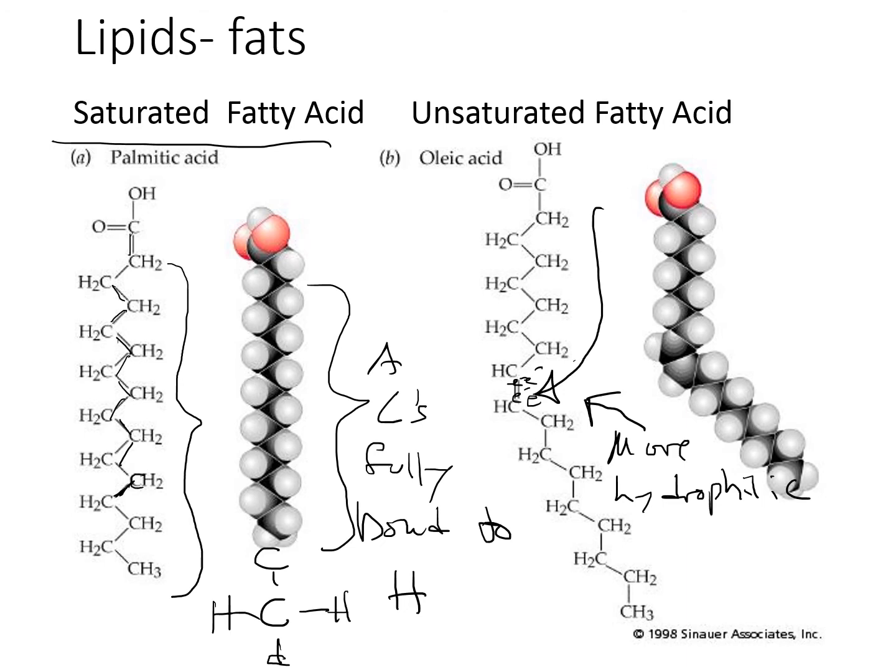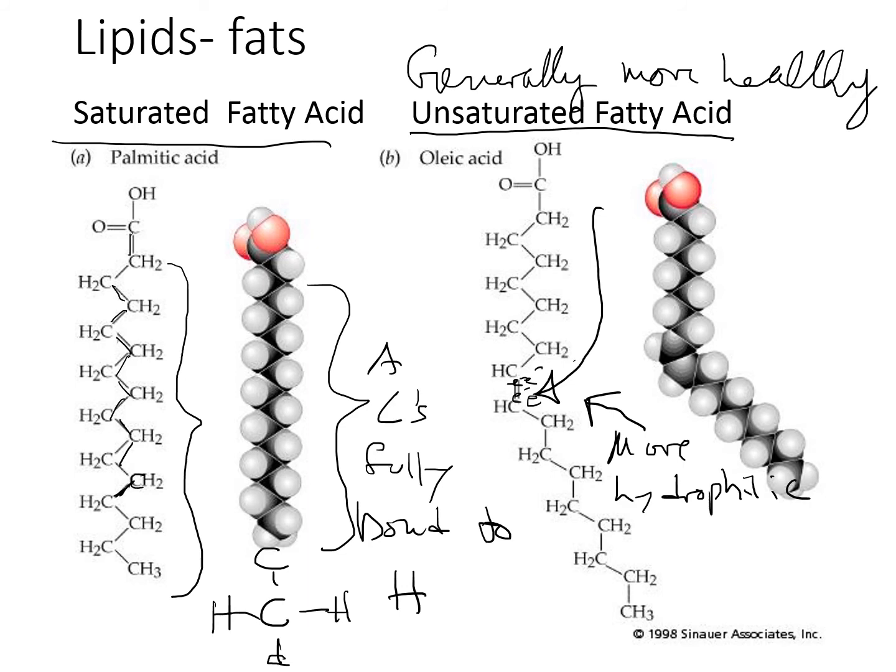More generally we can say unsaturated fats are generally more healthy. If you think about, and this is a dramatic simplification, but if you imagine these fats going through your bloodstream, and they're actually transported with a big group of proteins, but anyway, circulating around in your blood, you want fatty acids that are going to be more water soluble.